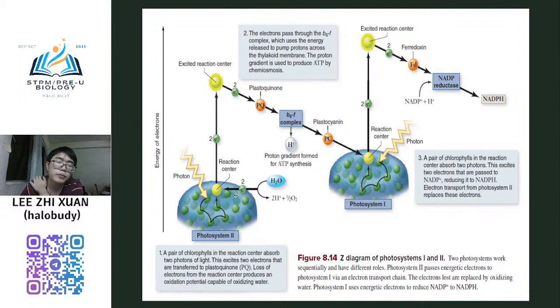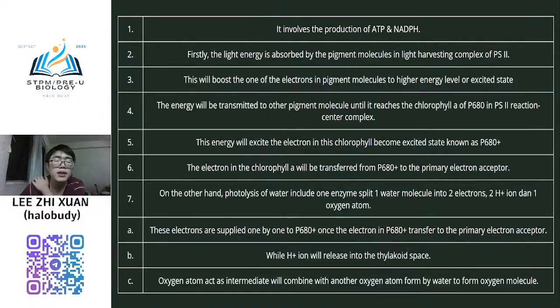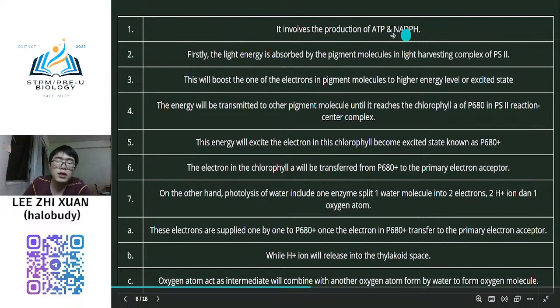So normally it's like this. These are the sentences. If you are in an essay, you need to write like this. I already mentioned it's non-cyclic. It will involve ATP and NADPH production.